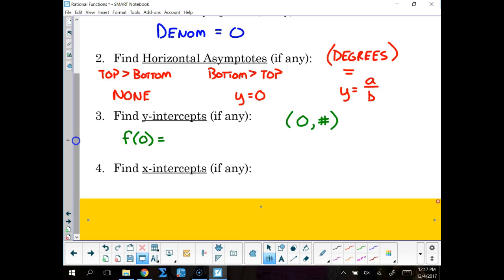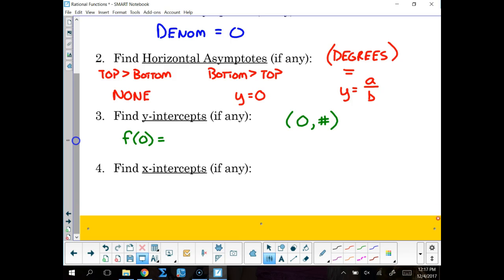Find my x-int. How do I find my x-int? This is purple. Find the numerator equal to 0. This is where I set my numerator equal to 0. Okay.